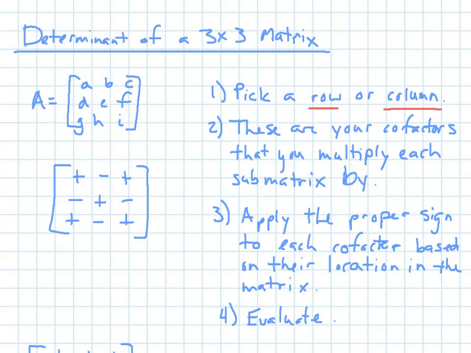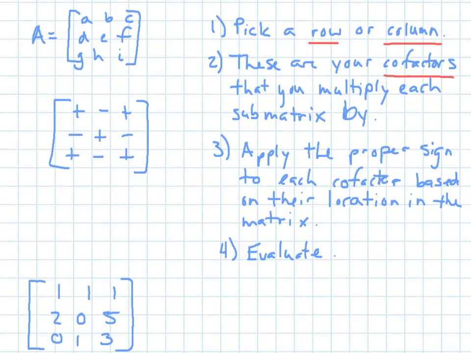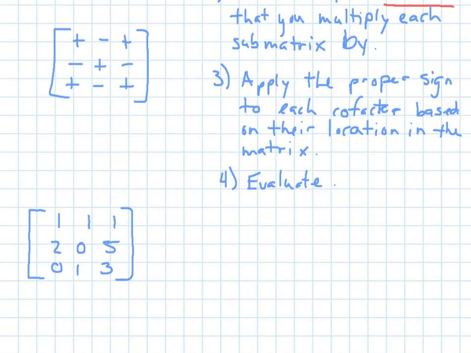Okay, the 3 numbers that you picked are going to be your cofactors. Now cofactors are numbers in front of the breaking up. So let's look at a matrix. Like looking at this one, let's say I pick the middle column here, 1, 0, 1. These are my cofactors.